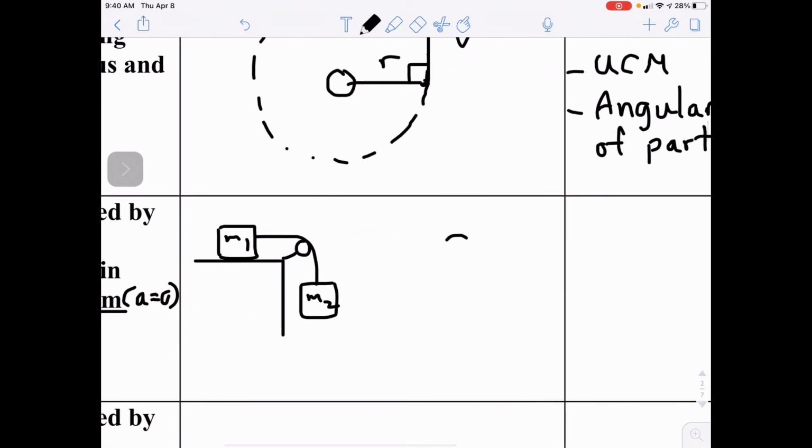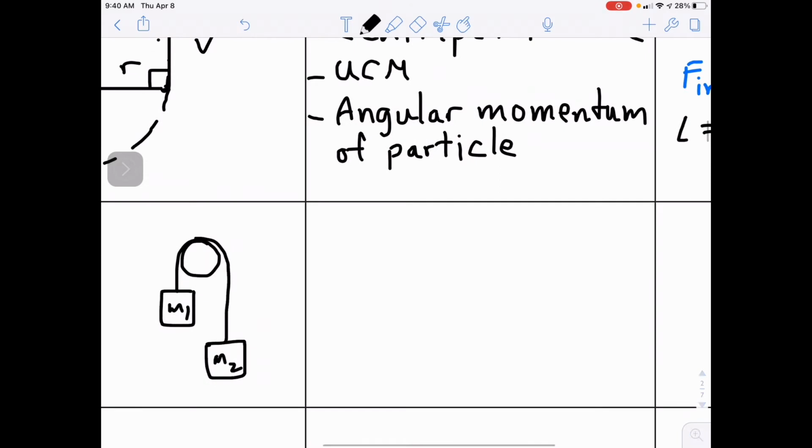You could also have a pulley, a mass, and another mass. Okay, but being in static equilibrium means that the system of masses is not in motion. That concept would be a Newton's first law concept, which again is a static equilibrium concept.